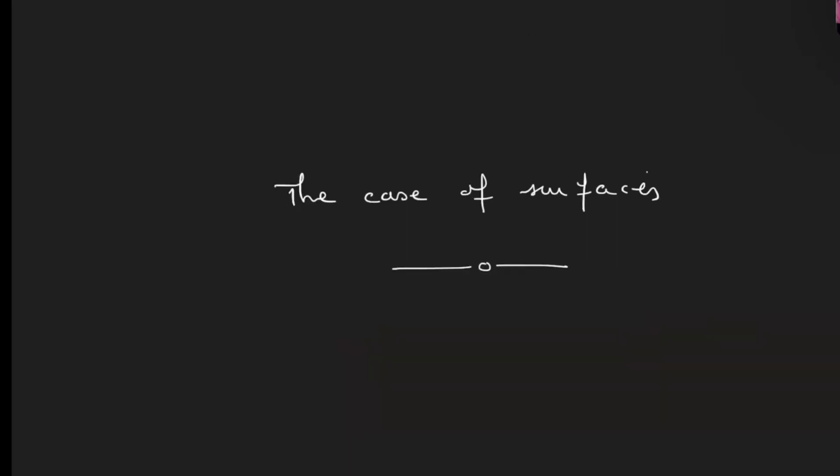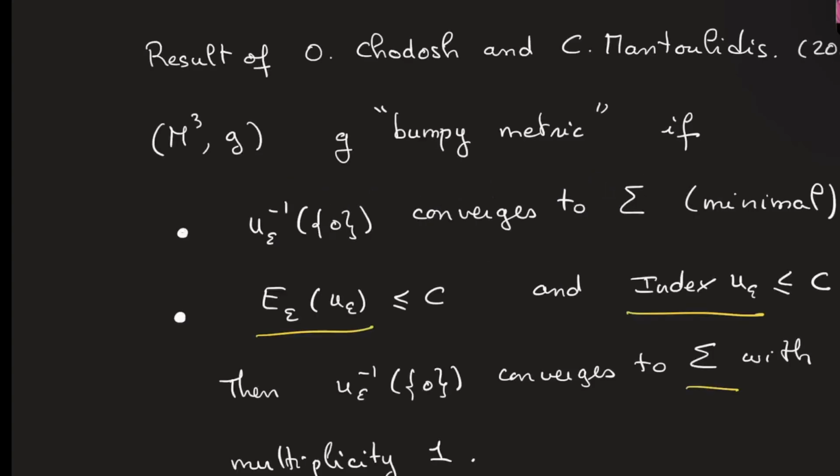Okay, and so we started to work on this, but on surfaces. Now on surfaces, we will see that the situation is very different. In fact, this result of Chodosh and Mantoulidis is not correct anymore on surfaces.